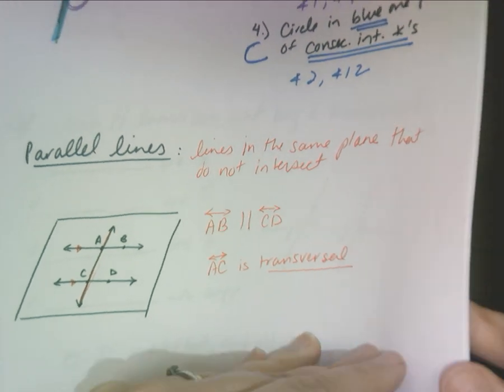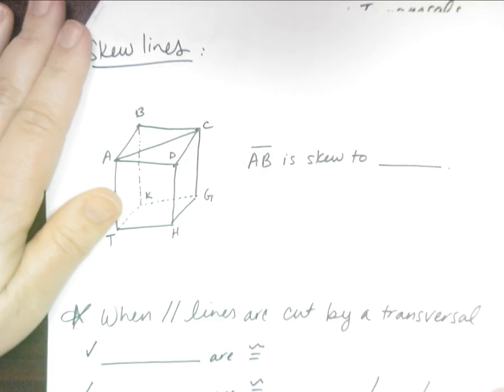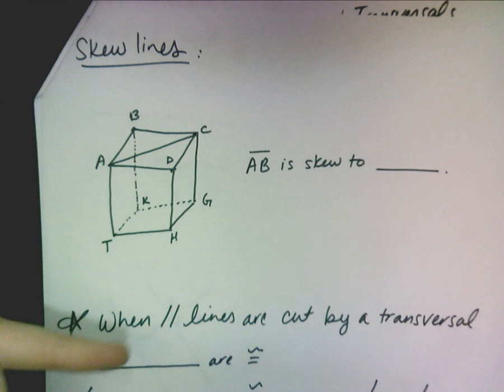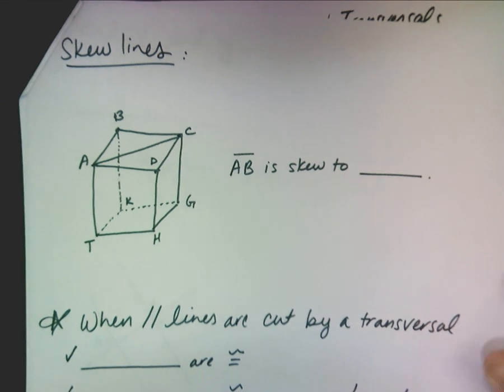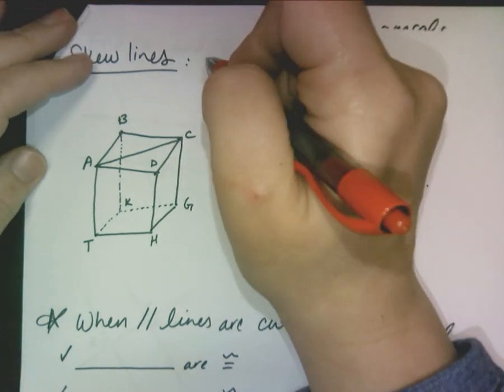Now, something special about lines that are not all in the same plane. So here you have a box. And again, you can pause this if you need to. We have what are called skew lines.